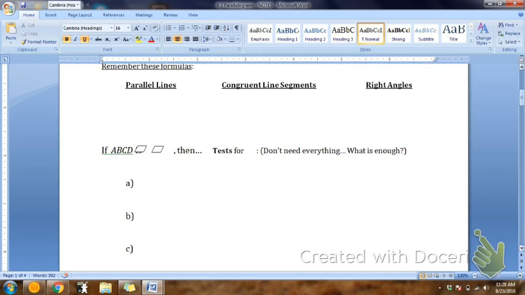Okay, they have the same slopes. And how do we find slopes? What's that formula? Yeah, y1 minus y2 over x1 minus x2. And we use the letter M to represent slope.